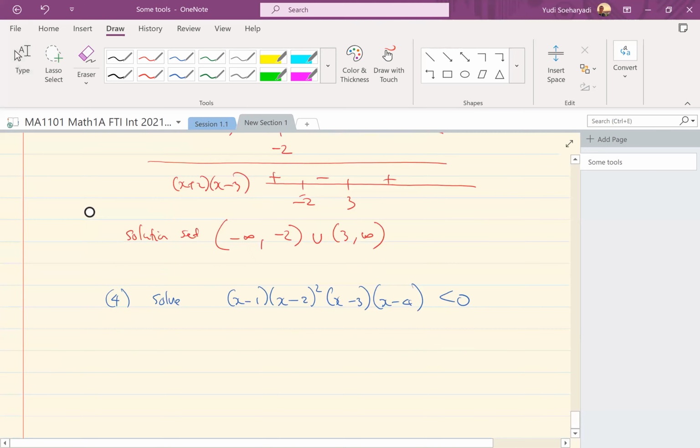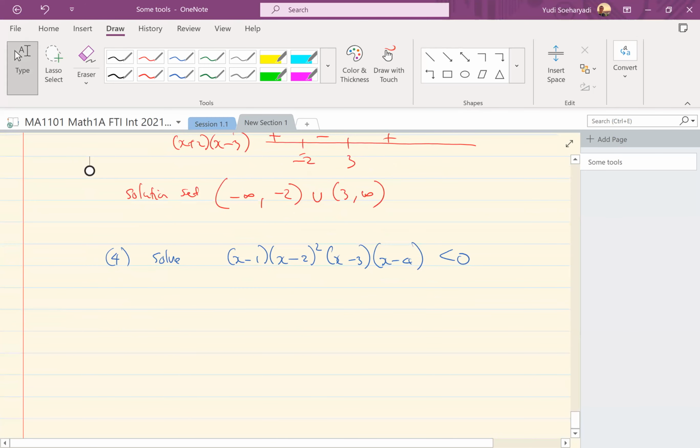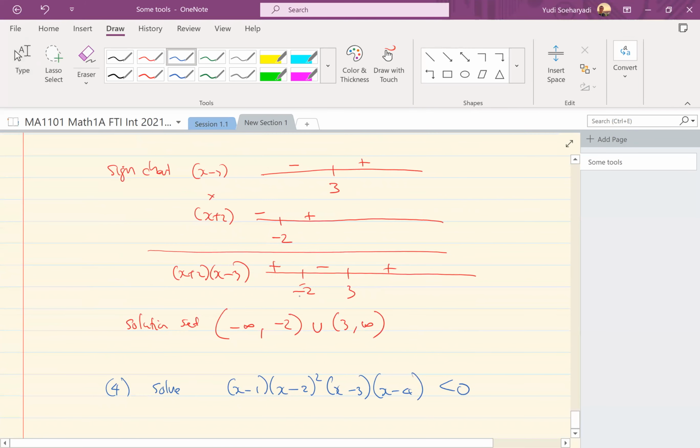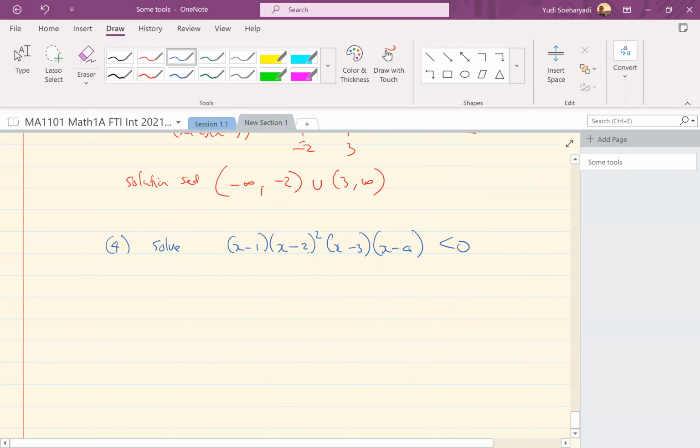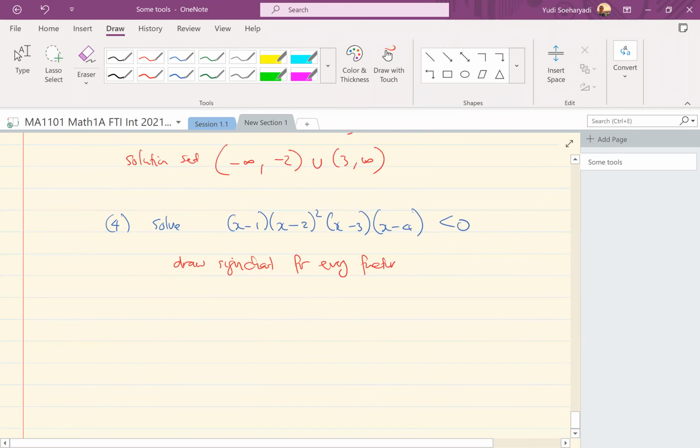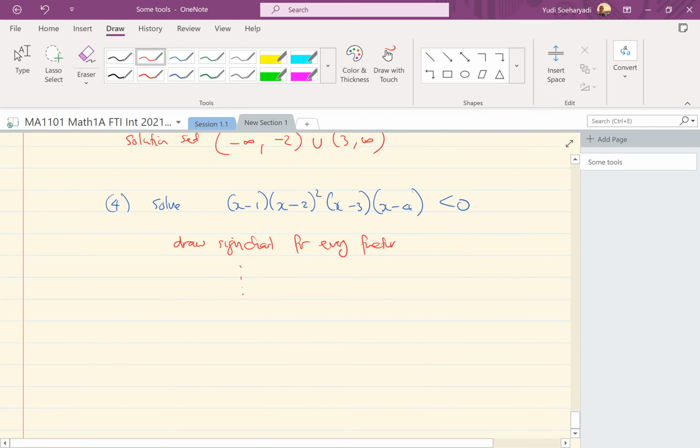Okay, so just using a sign chart, if you proceed like this, find the sign chart for every factor. So it has 4 factors. Dot dot dot. In the end, what you have is something like this, because this is 1, 2, 3, 4.